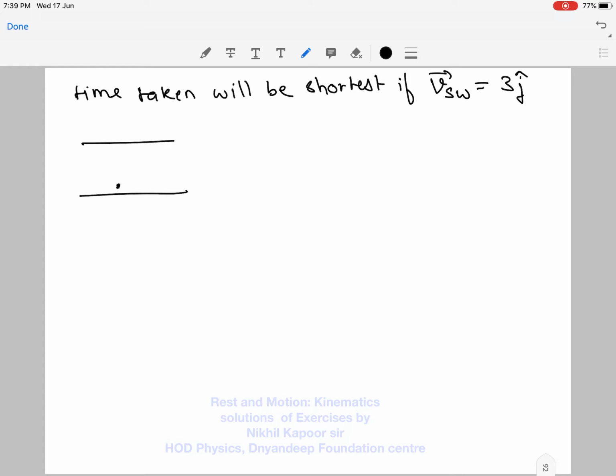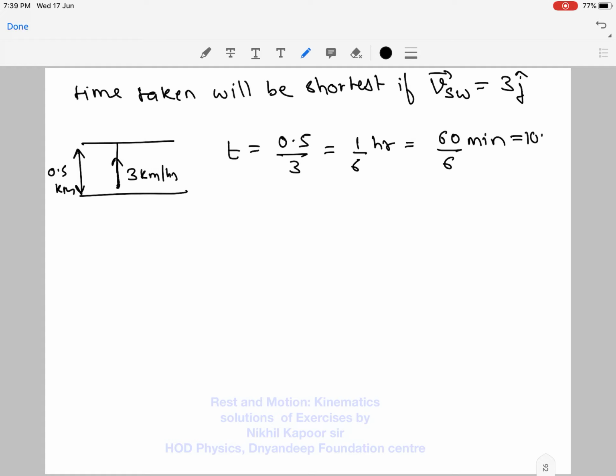That is, the swimmer crosses the river with 3 kilometer per hour relative to water, straight. In that case, time taken will be equal to distance, the displacement in this direction, 500, that is 0.5 kilometer, upon speed, which comes out to be 1 upon 6 hour. So it will be 60 upon 6 in minutes. So the answer comes out to be 10 minutes.